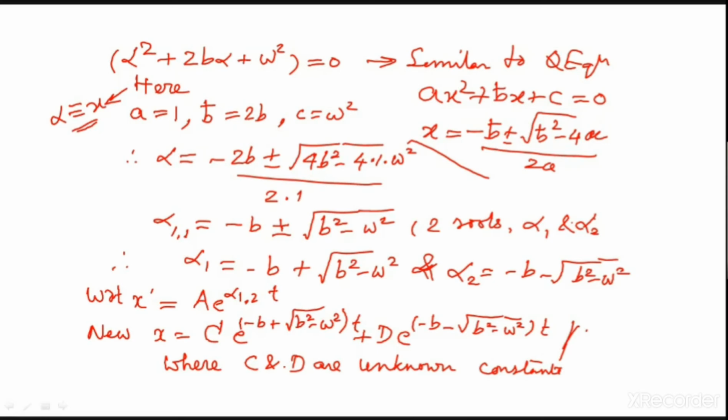So what we have is the expression for displacement: a constant c, exponent of minus b plus root of b square minus omega square into t, plus d e to the power of minus b minus root of b square minus omega square into t. c and d are unknown constants. We need to evaluate these. How to evaluate these constants?